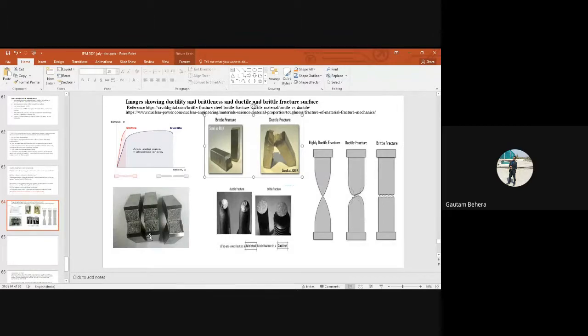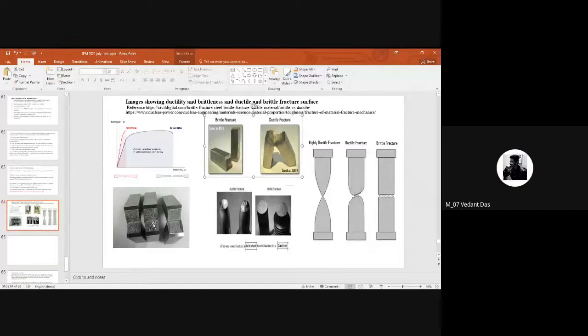Can you people tell me which one is a ductile fracture surface and which one is a brittle fracture surface here? Compare this one with these two. This one is showing some fibrous region.